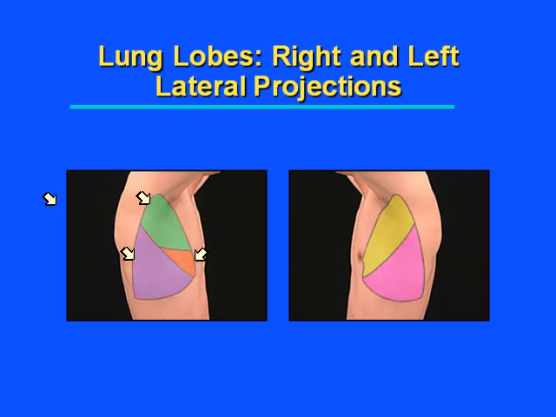So here's the same thing on the left, but the 2 lobes on the left, which is the left upper lobe shown in yellow and the left lower lobe shown in this pink color. Interestingly, if you look at the left lung, it's almost like having an anterior lobe and a posterior lobe.